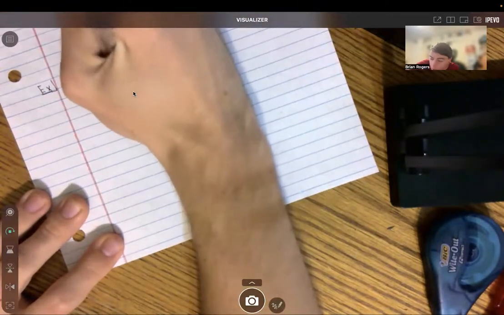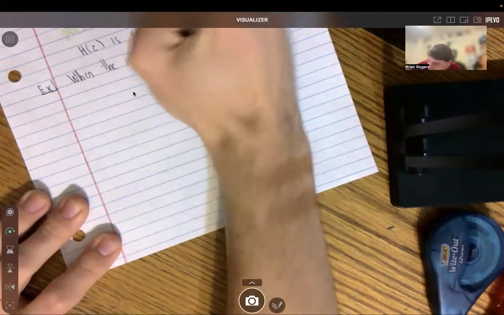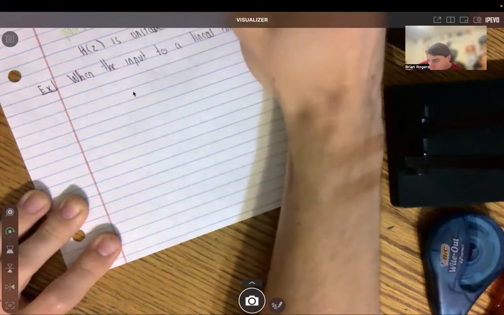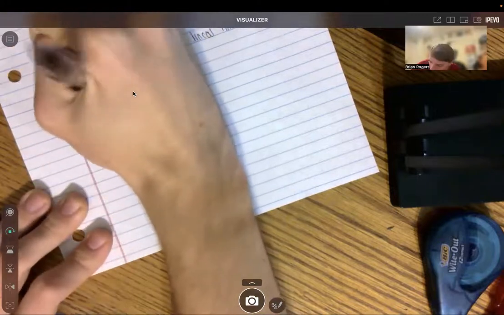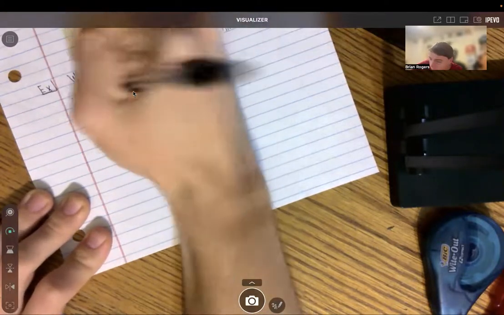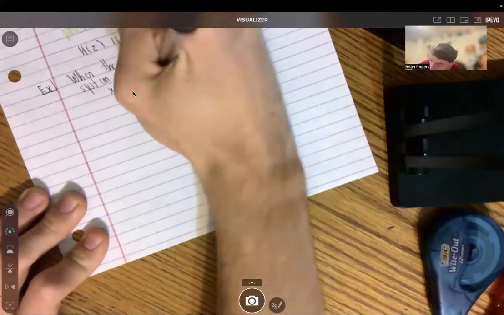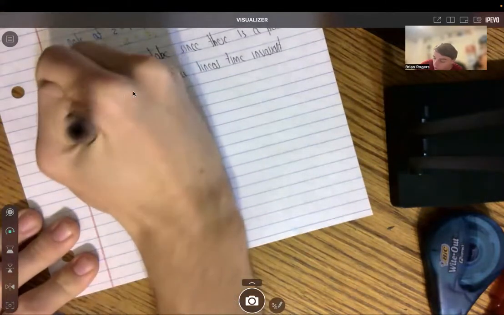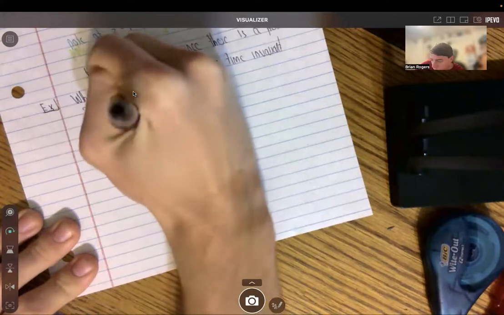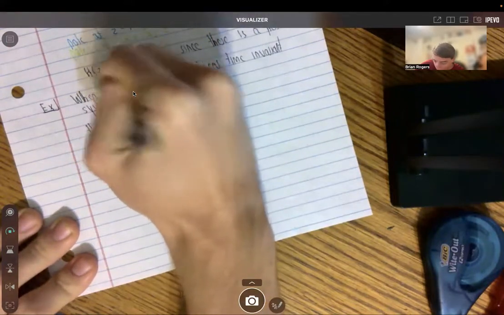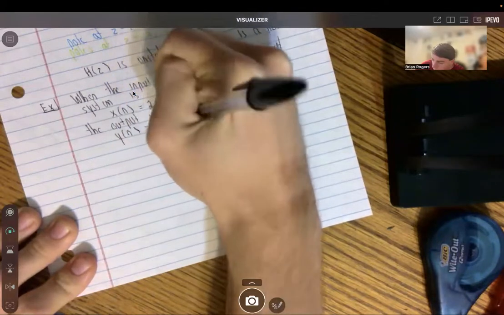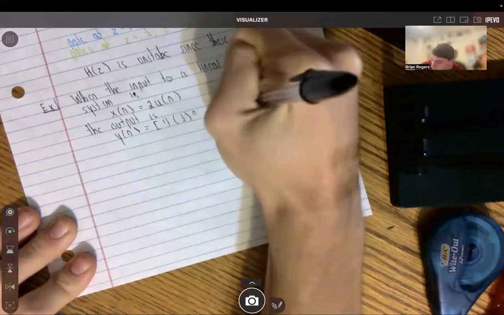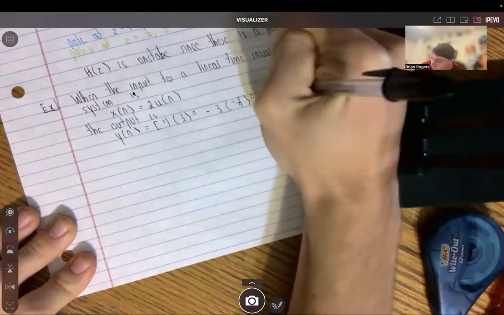So when the input to a linear time invariant system is x of n equal to 2u of n, so we have the input given here, the output is y of n equal to 4 (1/2)^n minus 3 (-3/4)^n, times u of n.